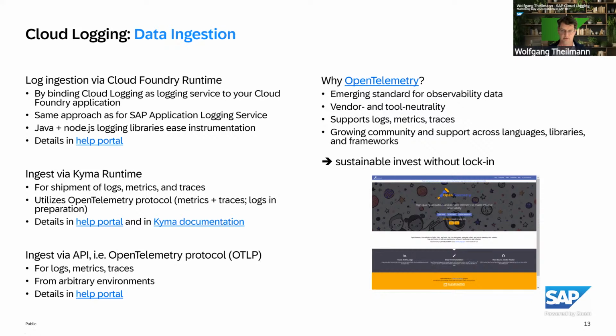So it supports, as already mentioned, logs, metrics, traces, and has a very well-growing community and support across all kinds of different languages, libraries, and frameworks. And in that sense, it's really smart to look into that, because that gives you a sustainable investment into your observability instrumentation and transportation strategy without lock-in. And that's also why we at SAP really invest heavily in that direction.